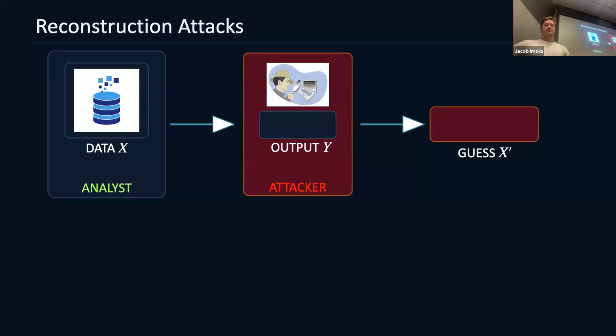For a standard reconstruction attack, you have some data set X, and it's just like a tabular data set, could be like binary values. And there's an analyst who outputs some information about X, so it's given to an output Y. And then to make it sort of an attack type of thing, the output Y can be post-processed by an attacker who tries to reconstruct X. So they try and form a vector X prime.